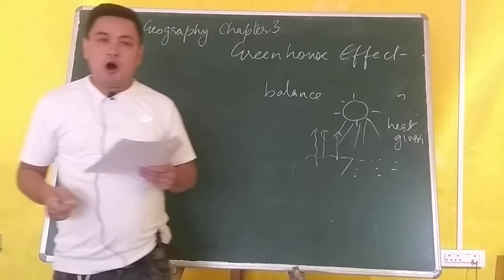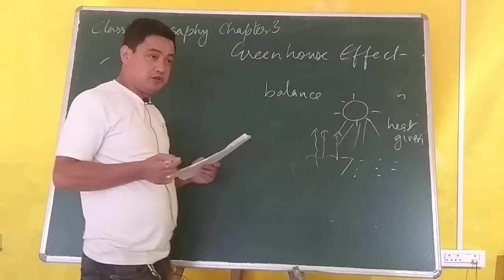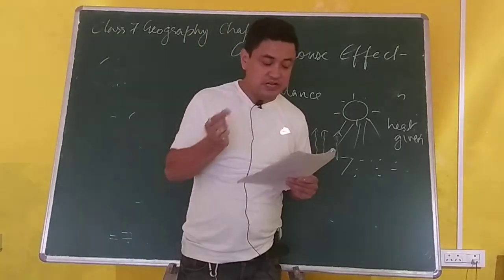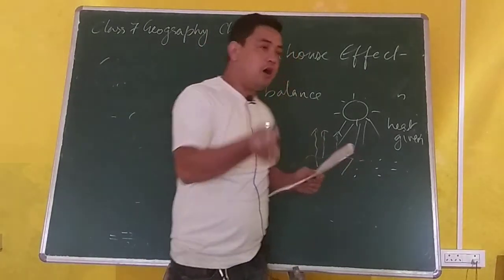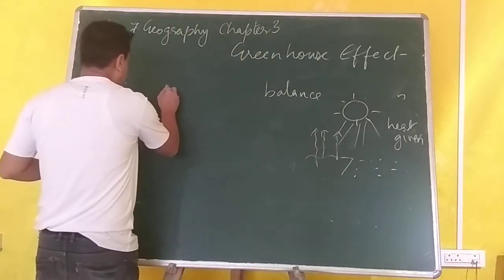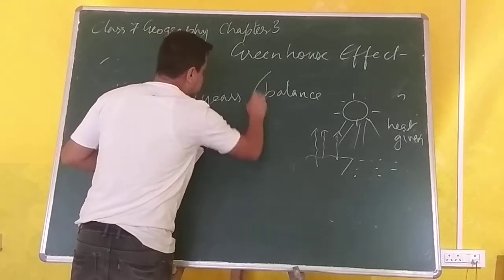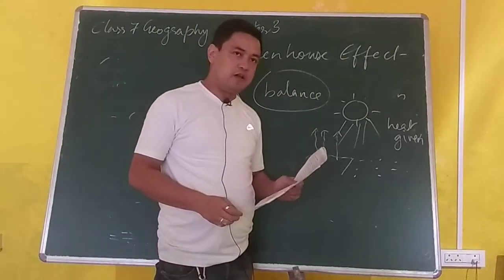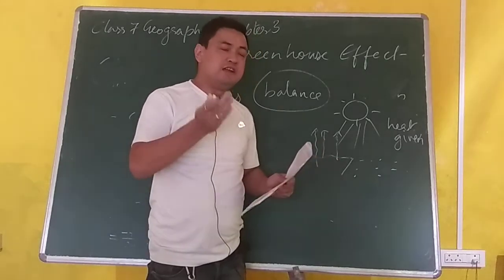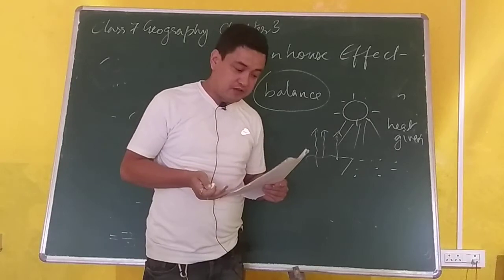Okay? However, the rising of temperature or the rising of the mean temperature has started increasing over the last 150 years. But this balance has been disturbed. Okay? As you can see, the mean temperature of the earth is rising over the last 150 years.